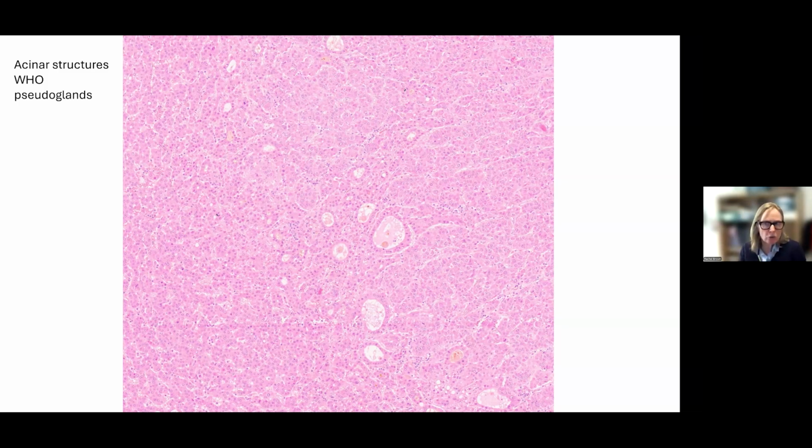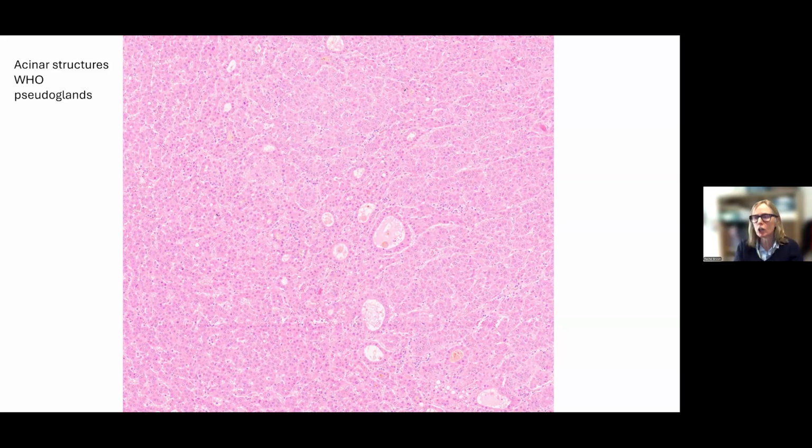You could, even without these structures, see that there's abnormality of the architecture. Just in the H&E, we get an impression of how thick these trabeculae are. But it's doing this. It's forming these acinar structures. And you would notice in that WHO classification, it does mention that in the HNF1 alpha inactivated adenomas and in the beta-catenin pathway abnormality adenomas, you can see a couple of these in an adenoma.